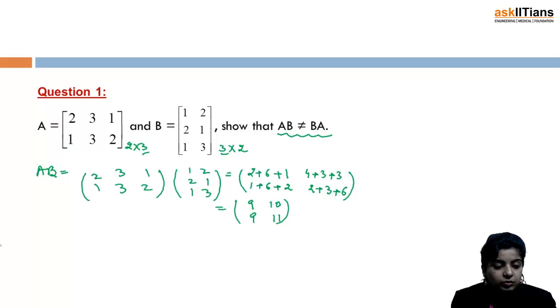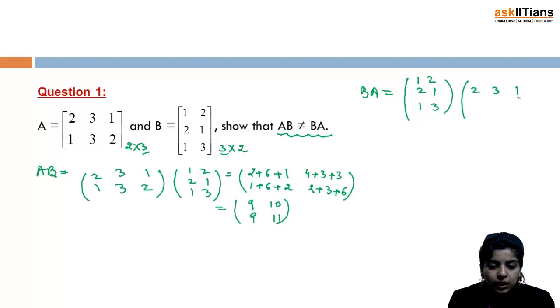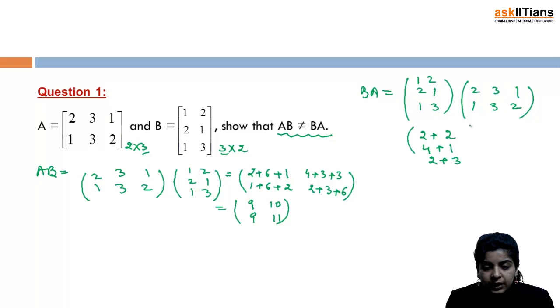Again, now we proceed to find BA. Now BA is equal to 1, 2, 2, 1, 1, 3, and then 2, 3, 1, 1, 3, 2. So when we find BA, we get 2 plus 2, 2 plus 2, 4 plus 1, and 2 plus 3. Then I get 3 plus 6, then 6 plus 3 and 3 plus 9.